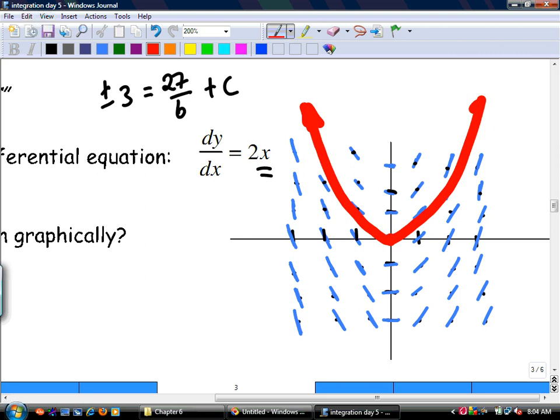It's the constant that says pick this path through the maze. Join these little bits of lines together. Okay? That's what it means. Kind of get it.